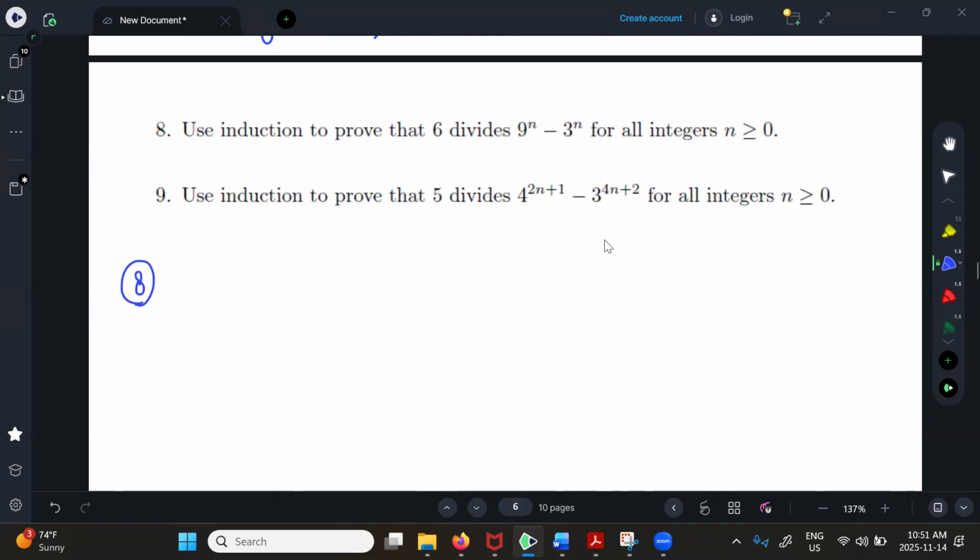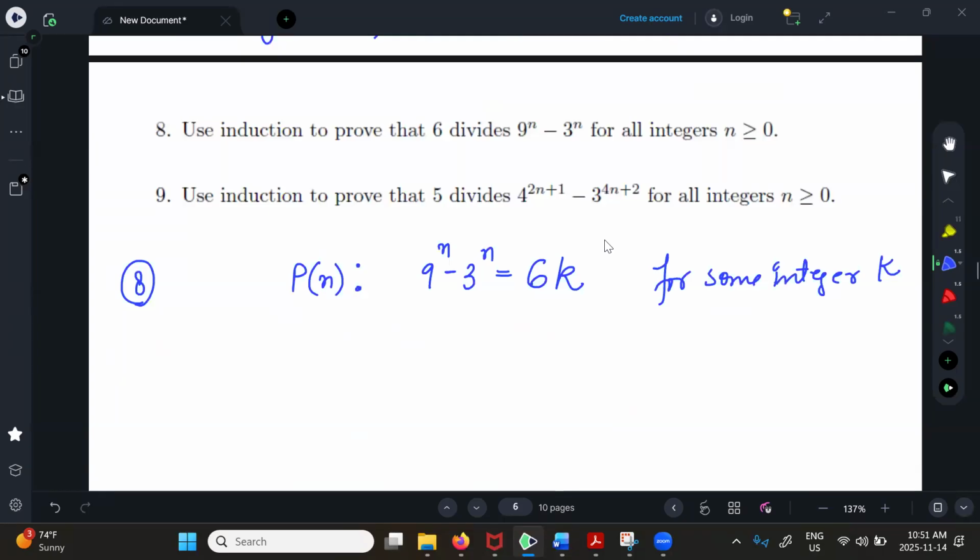Number 8. So writing the induction statement, Pn is 9^n minus 3^n equals 6k, because it divides, that means it's a multiple of 6, for some integer k. Is this clear? Now, this k could be whatever it feels like.